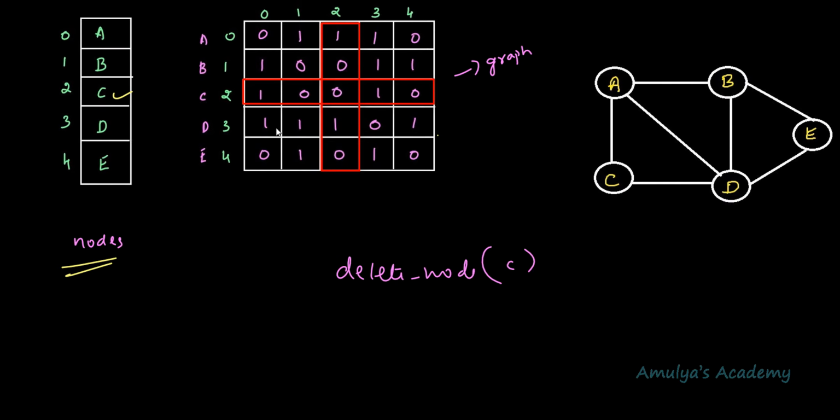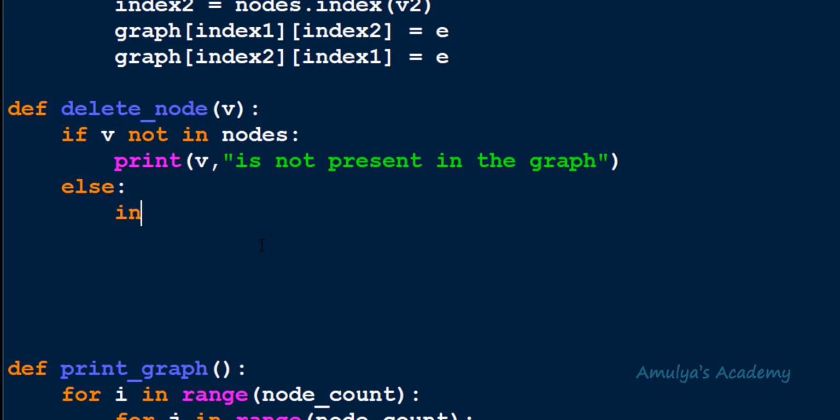To delete this row and column, first we need the index of C. For the matrix, we used a nested list. In the nested list, the index can be 0, 1, 2, 3, 4 like that. Here the vertex is C. So first I need to get the index of C, in which position it is present. That's why the first step is to get the index of the node which I want to delete.